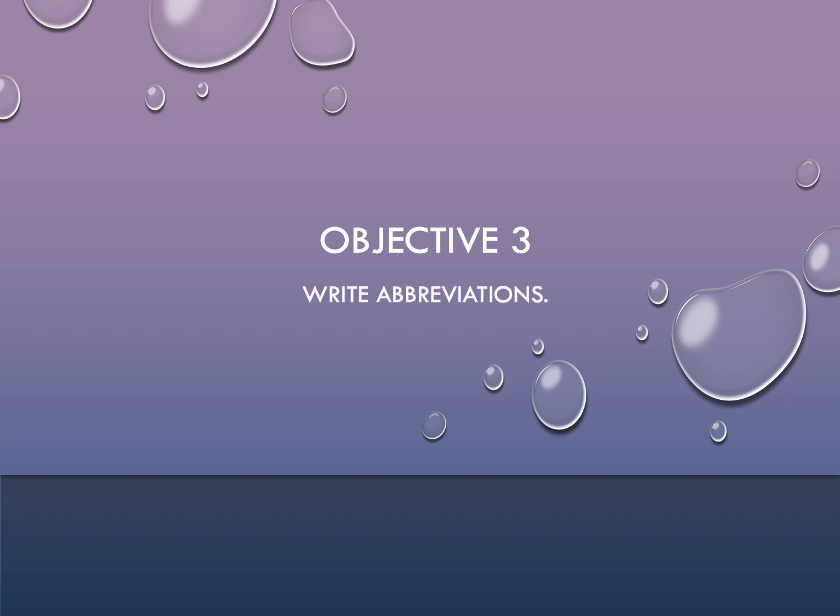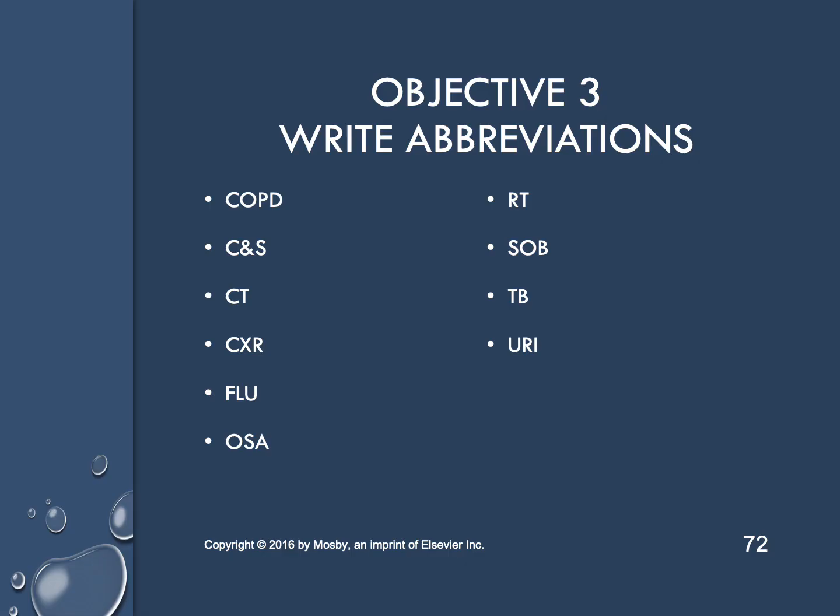All right, let's look at some abbreviations now. Okay, let's see how we write these abbreviations. So the first one is COPD, which is chronic obstructive pulmonary disease. Remember what C and S stands for?